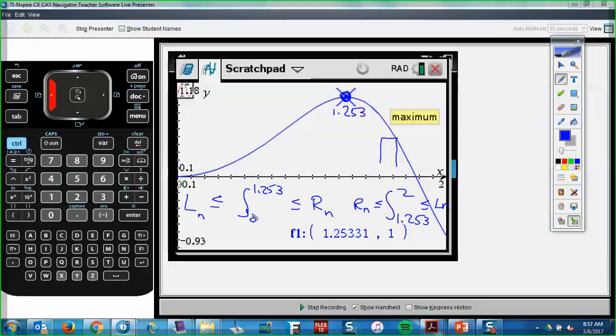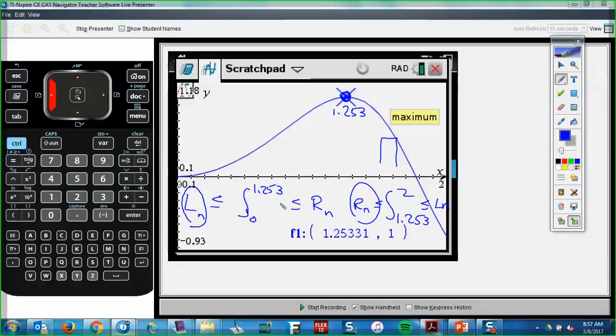So if we did, say, 10 of them or whatever, it doesn't matter. Whatever this approximation was here, and we add that to that approximation, so we do 10 lefts plus 10 rights and add that together, that would be an under approximation.